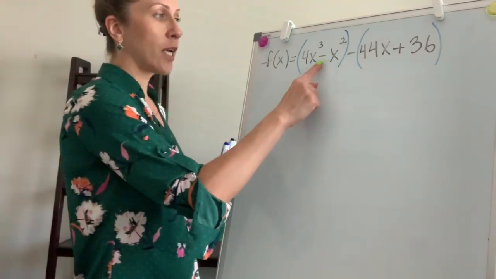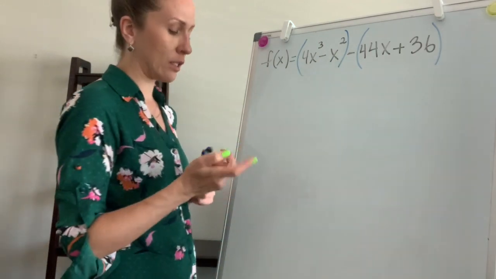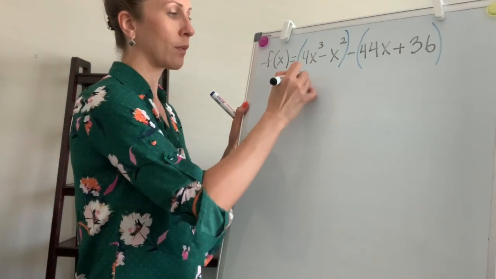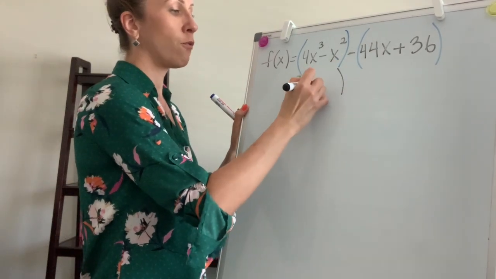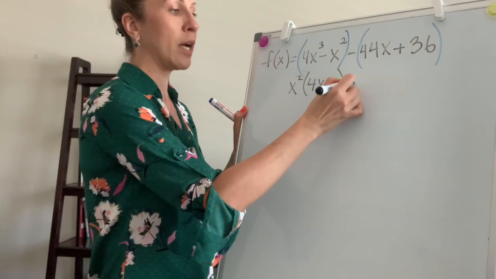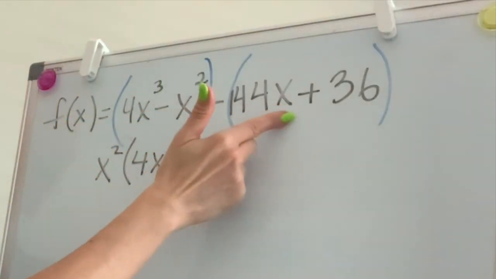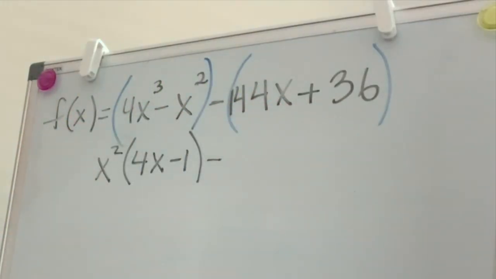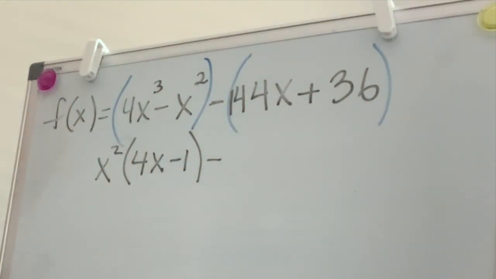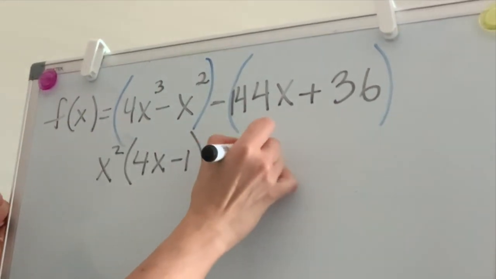It looks like the greatest common factor for this group is x squared, so I'm going to take that out, x to the power of 2, which leaves me with 4x minus 1 inside of the group, minus 144x plus 36. What do those two have in common? Well, 36 goes into 36 and 144, so I'm going to take 36 out.